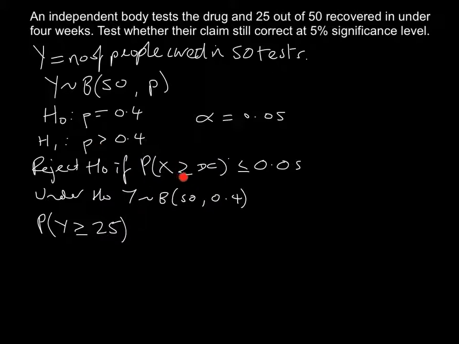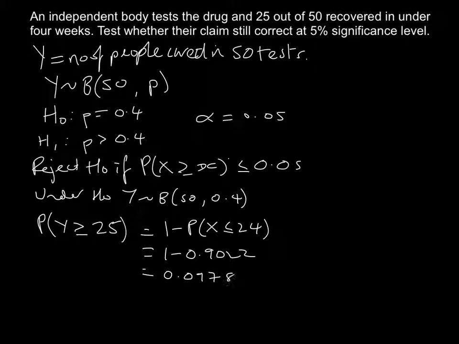That's what we would use if we're going to reject H0, and so we have to use the cumulative probability here as well. So that is the same as 1 minus the probability of X less than or equal to 24, which is 1 minus 0.9022, which gives us a probability of 0.0978.